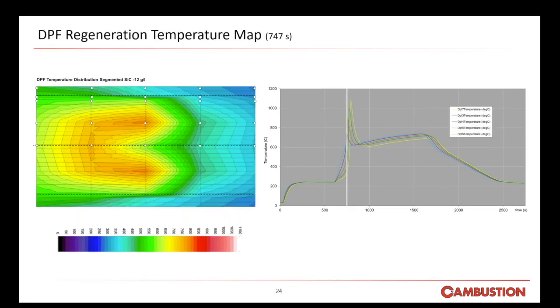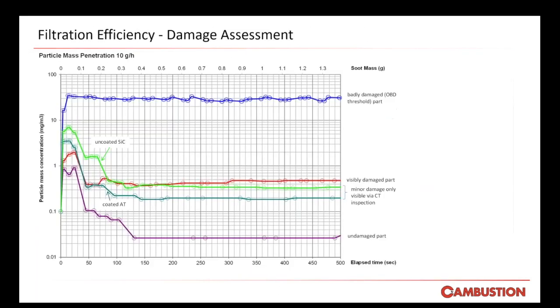So on this slide, we've got the results of the penetration of particles, that's the number of particles that aren't filtered out, via 5 different DPFs. Obviously, the undamaged one is the best. The part at the top is really badly damaged, almost destroyed, to get that bad efficiency.